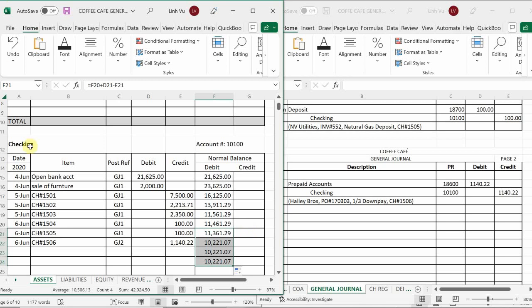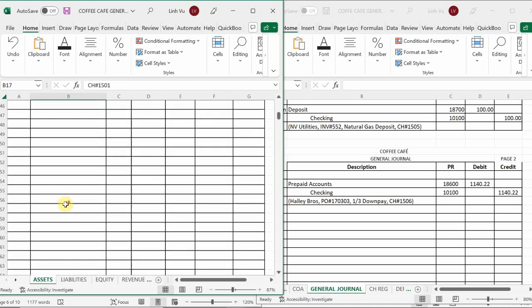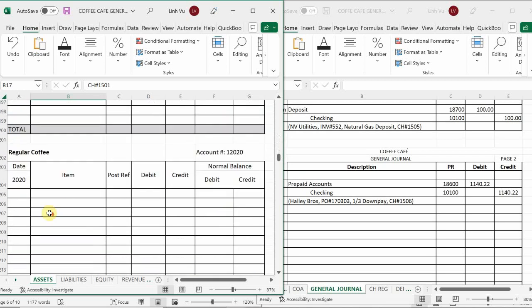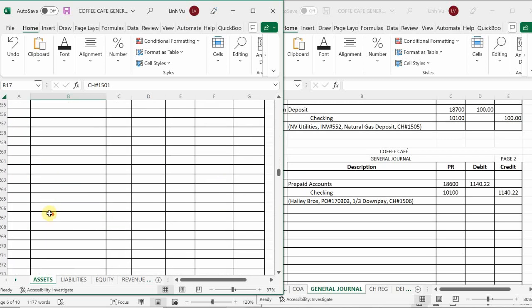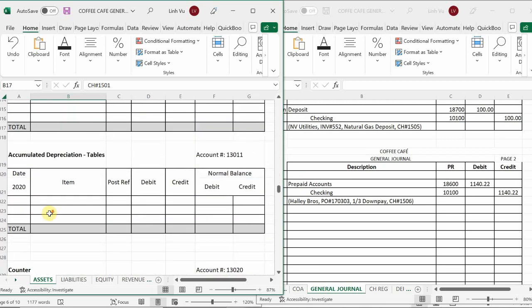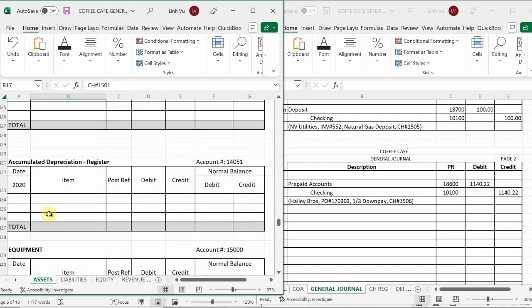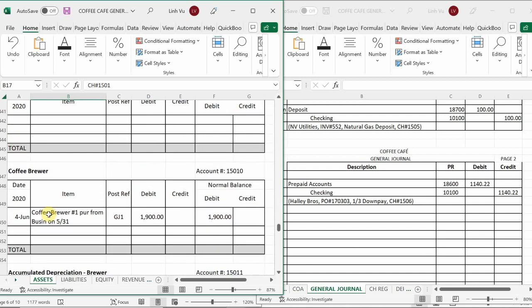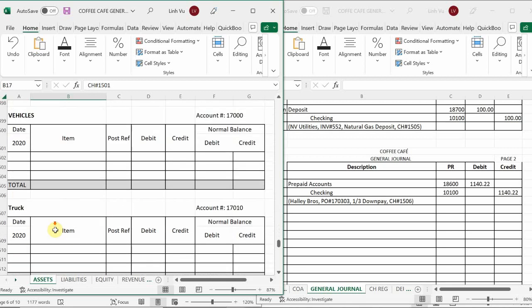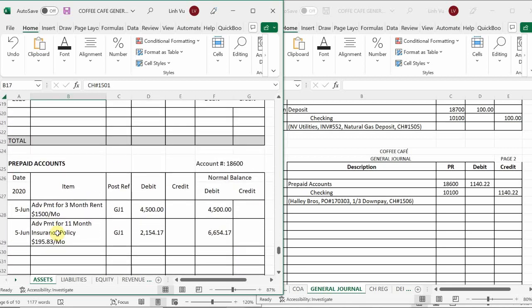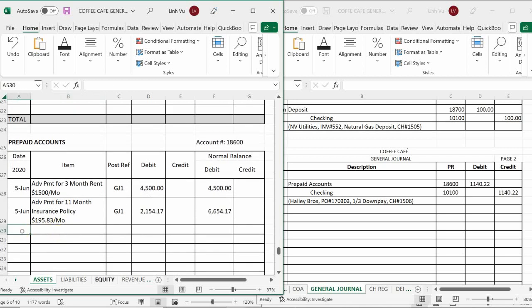And I'm also going to start updating my prepaid accounts here. So let's see, prepaid accounts. Okay, so here you go, prepaid accounts.